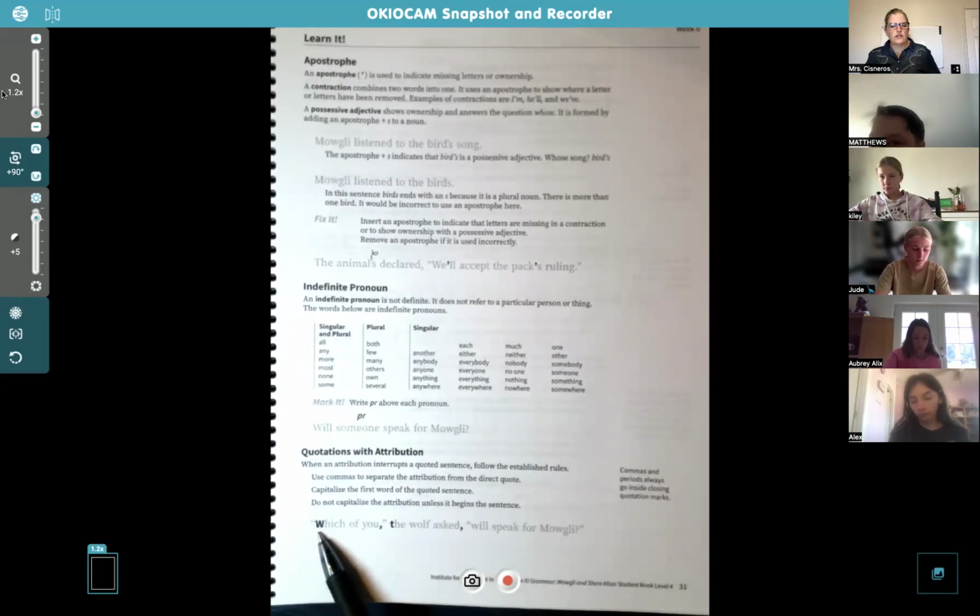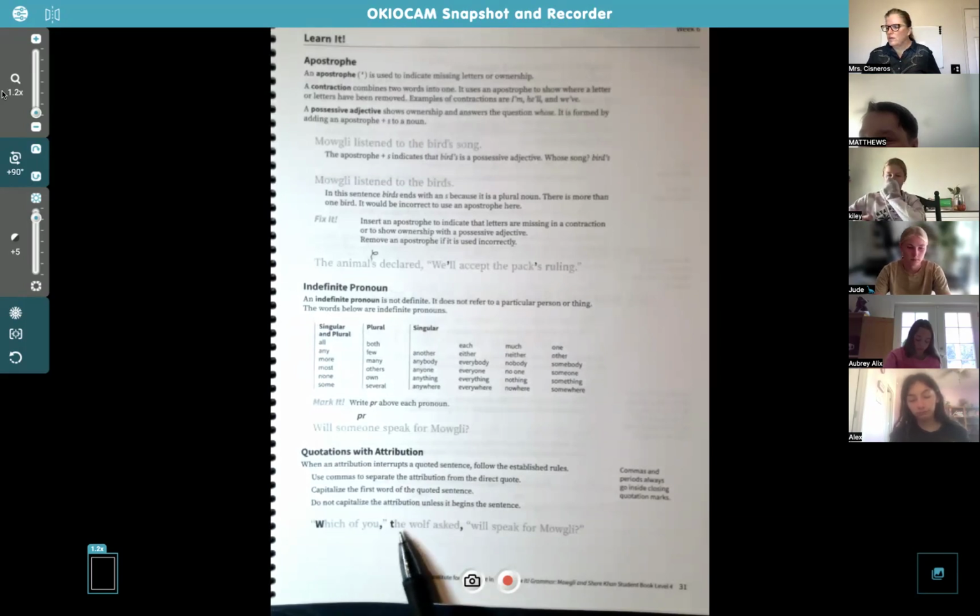Notice inside the quote, you're going to treat it like a sentence. You're going to always use a capital letter at the beginning of the quote, but it has the attribution in the middle here. That's where it's a little tricky because you need a comma after the first part of what he says, because he says more later. So you put a comma and then the quotation mark.